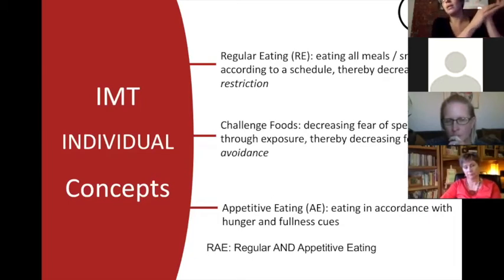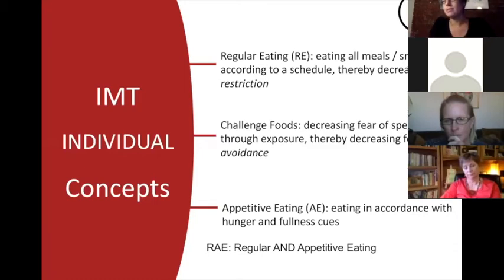The reason why these two are combined is because both in practice and logically, it seems that one can eat both regularly and appetitively, even though the literature seems to suggest that you can do one or the other.